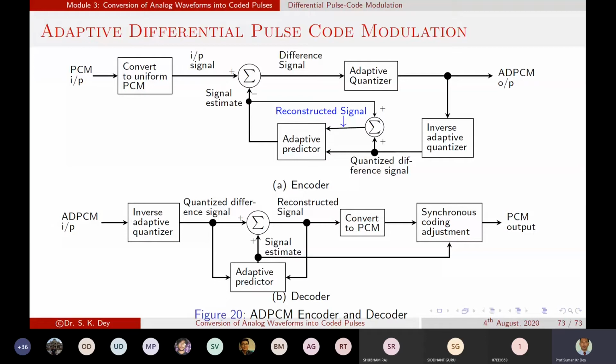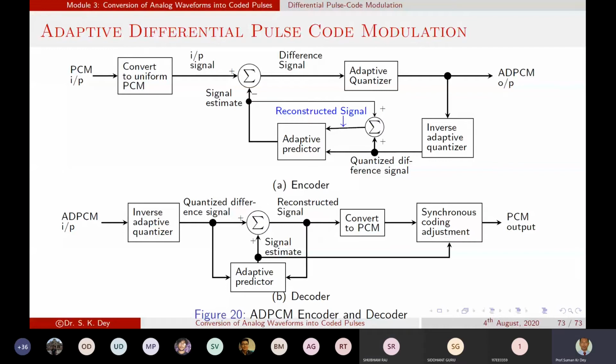In this block diagram, two things are given: the ADPCM encoder and the ADPCM decoder. The encoder is used at the transmitter side when we do the encoding, and the decoder is used at the receiver.